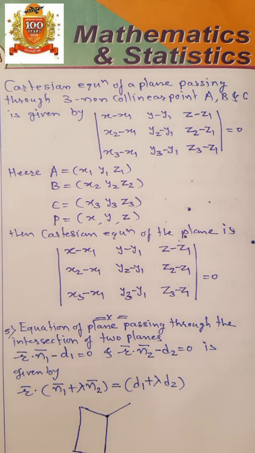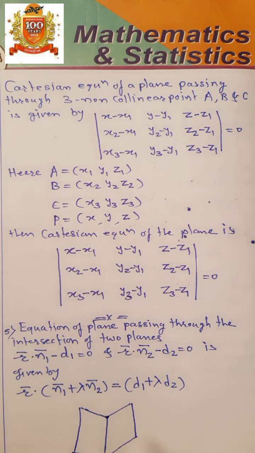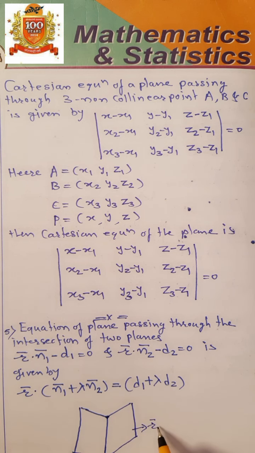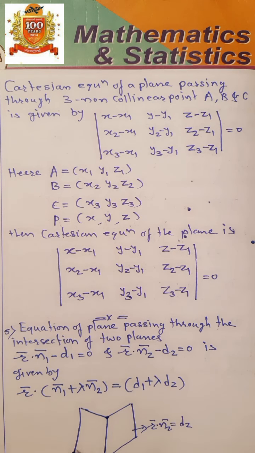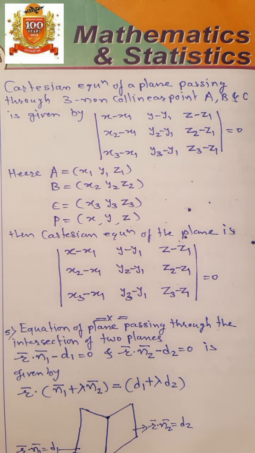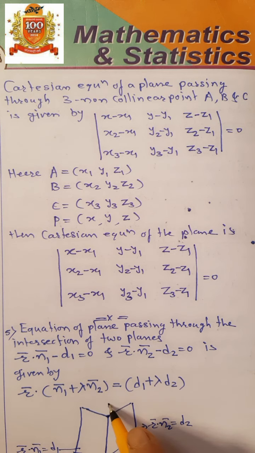This is one plane and this is another plane. Equation of this plane is r bar dot n2 bar is equal to d2, and equation of this plane is r bar dot n1 bar is equal to d1. Now our plane is passing through these two.